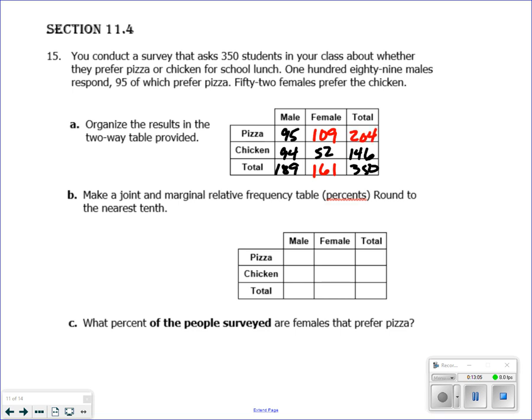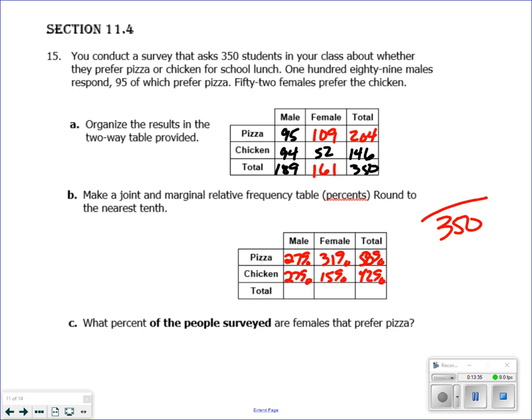Now, make your joint marginal frequencies percents, rounded to the nearest tenth. So now each of the cells is going to be divided by the total, 350. So 95 divided by 350 is 27%, and 31%, 58%, adding those up going across, 27%, 15%, 42%.